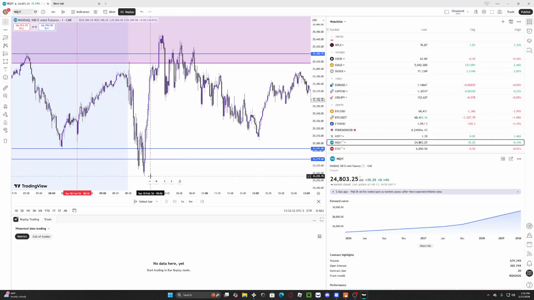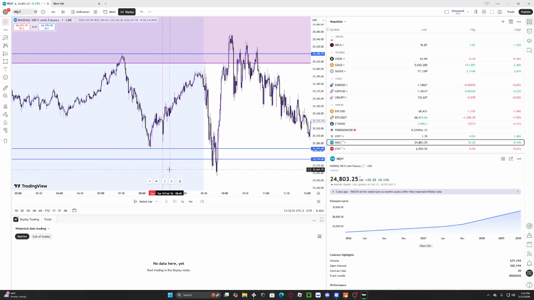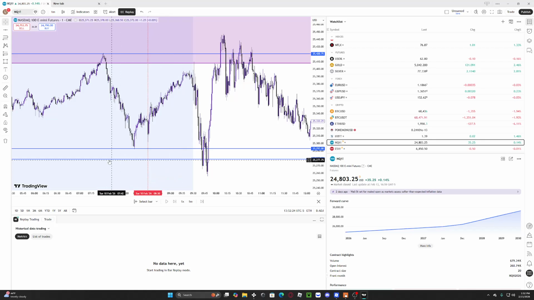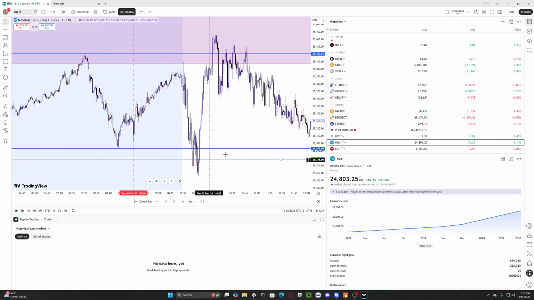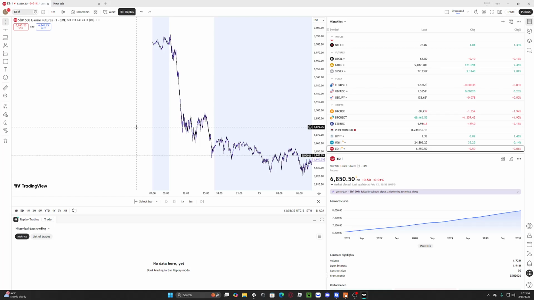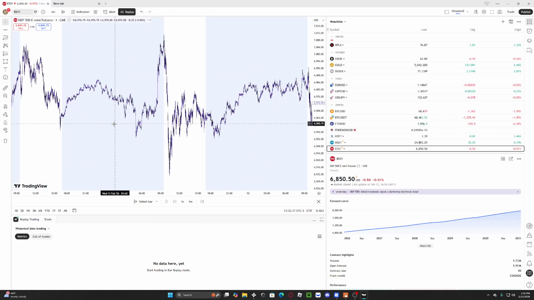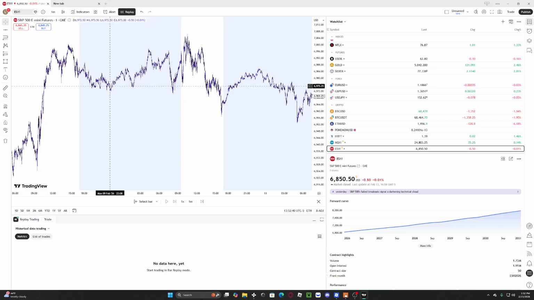And if you guys don't know what an SMT is, it's basically where you can see ES breaking through this liquidity on the session, this Asia session liquidity, while NQ is not, and then ES during this time has already broken through it at 8 and doesn't break through it again.